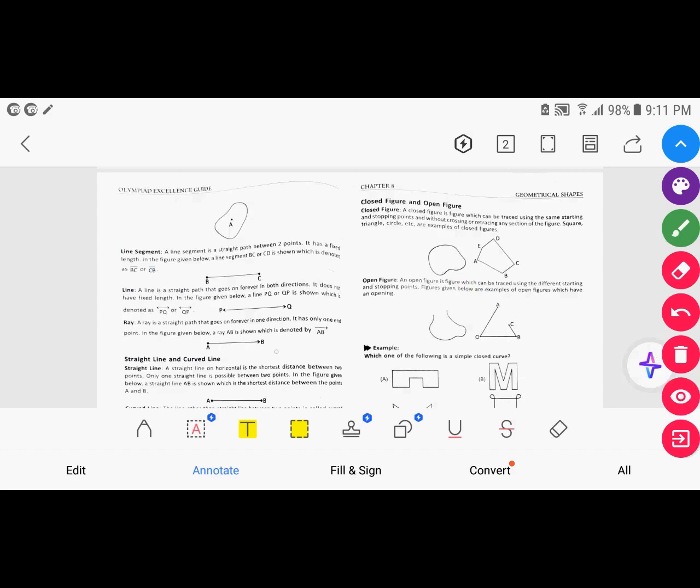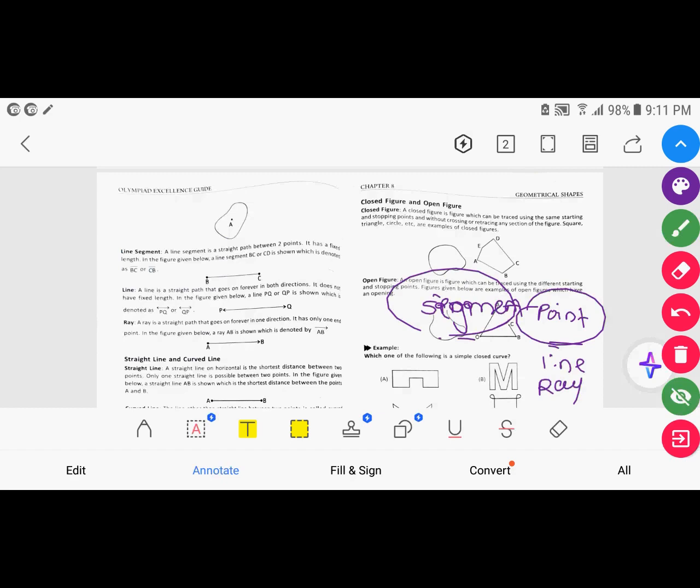And then we learned about the definition of point, what is meant by point, what is meant by line, what is meant by ray, what is meant by line segment. So why is it necessary to know about the point, the line, the rays, the line segment?